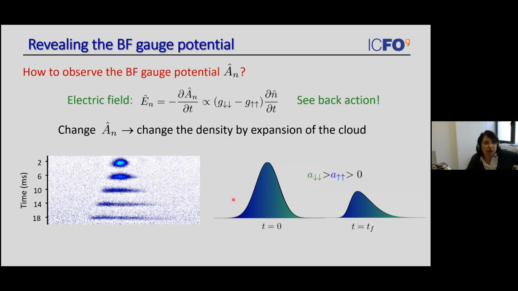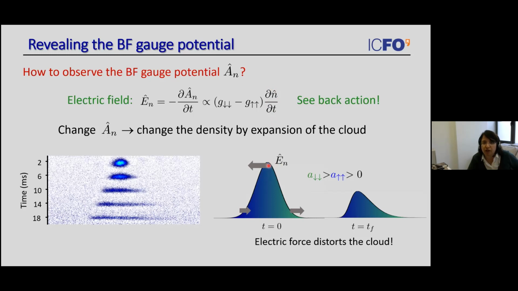But if you look at this microscopic picture, you don't really see the link with this BF gauge potential and this density-dependent electric field. Actually, you can also interpret what is happening in your data like this. You have your wave packet here, and when the density changes over time, you will induce an electric field, and this electric field will depend on density because this density drop will be different in different parts of the cloud.